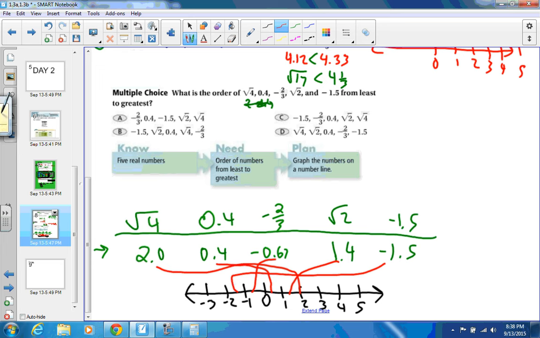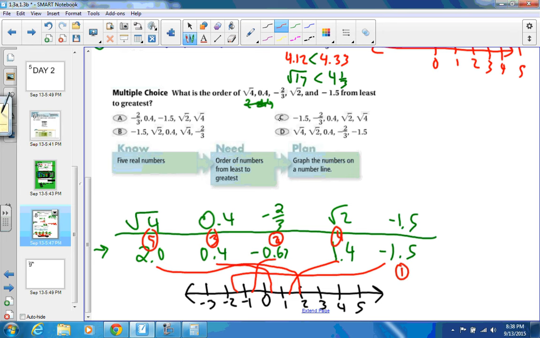So from least to greatest, we got this one first. Second one is right here. Third one is right here, so that goes right there. This is our fourth. This is our fifth. So let's look up here which one works. So negative 1.5 is our first one.